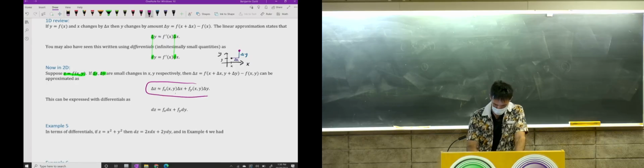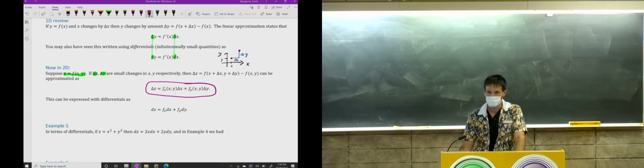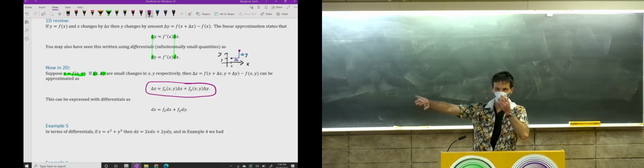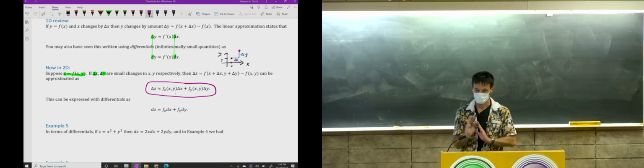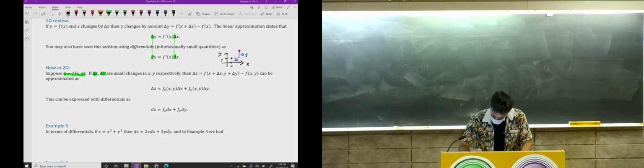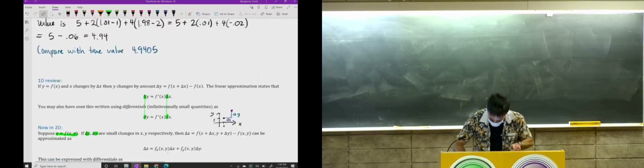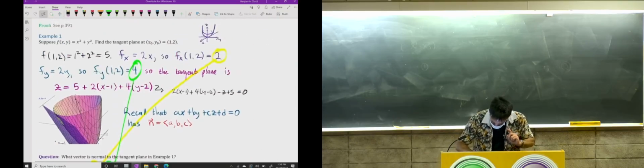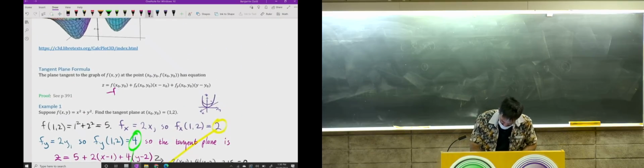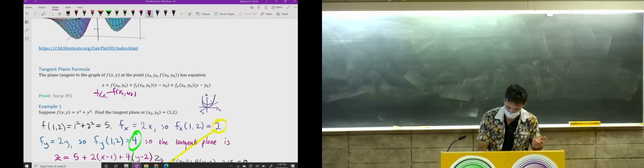So this expression is just exactly the statement that the tangent plane is a good approximation to the function near the point of tangency. I hope you can see that. All I did was, let me scroll up for just a minute, all I did was subtract f of x naught, y naught from both sides of this equation, okay, to get that one.